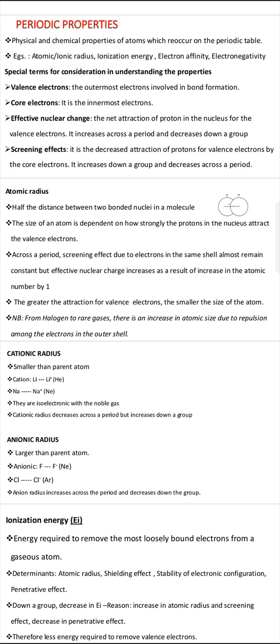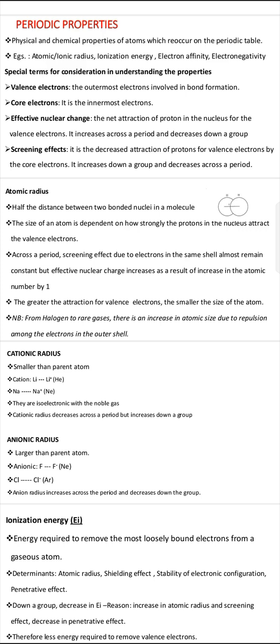We have effective nuclear charge and screening effect. The effective nuclear charge is the net attraction of protons in the nucleus for the valence electron. The screening effect is the decreased attraction of protons for valence electrons by the core electrons. You can see that the screening effect is the shells.